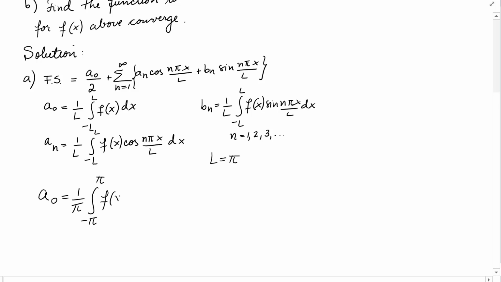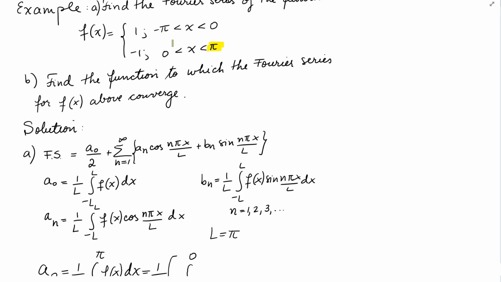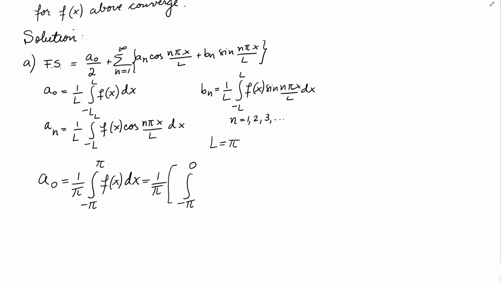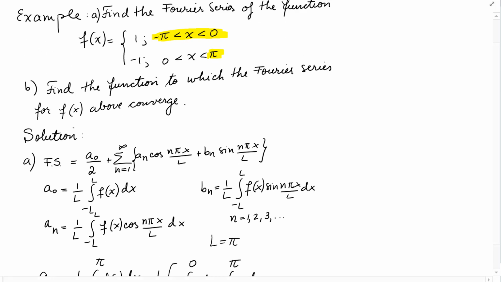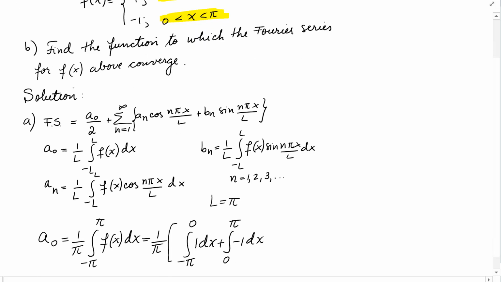So then let's calculate a sub 0. It is 1 over pi integral from negative pi to pi of f of x dx, and our f of x can be split into integral from negative pi to 0, where it's 1, of 1 dx, plus integral from 0 to pi of negative 1 dx, as that is the expression for 0 to pi.